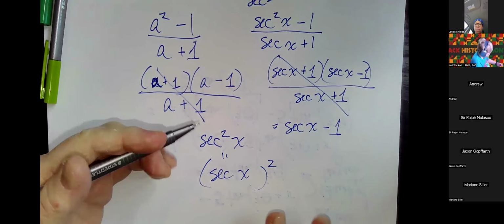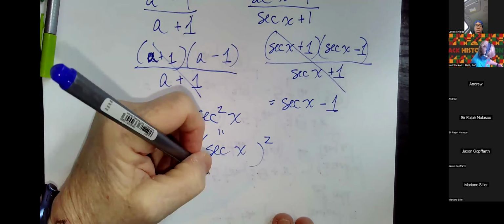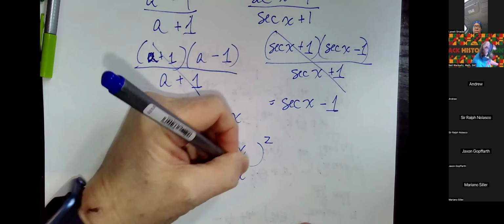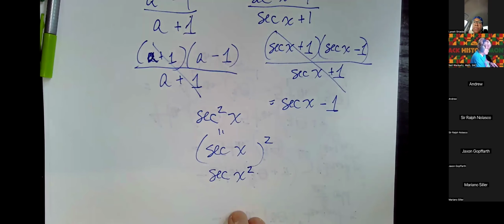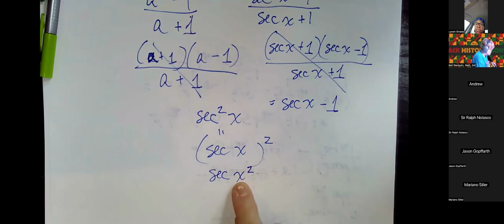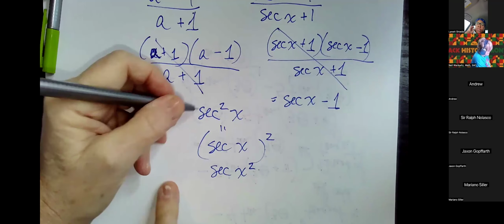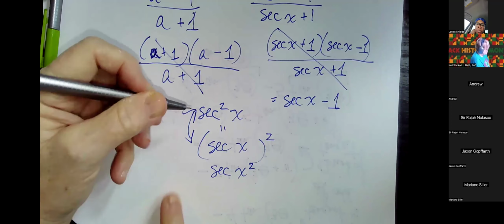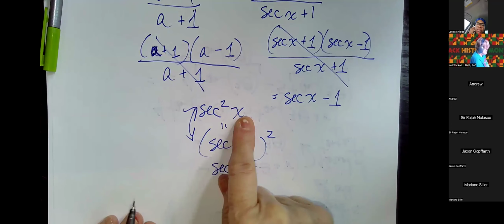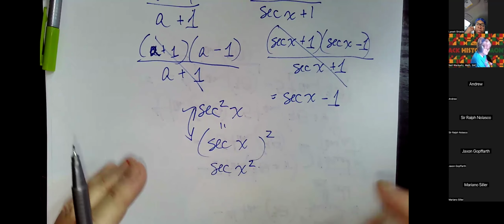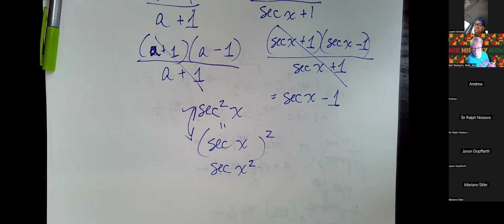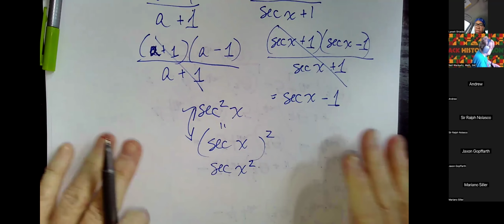Because if we didn't use parentheses and we put the square on the outside there, it would mean secant of x squared. We just assume that the square goes with the argument, the thing being plugged in. But this idea going back and forth in your head that secant squared x is secant x all squared, that's really important.